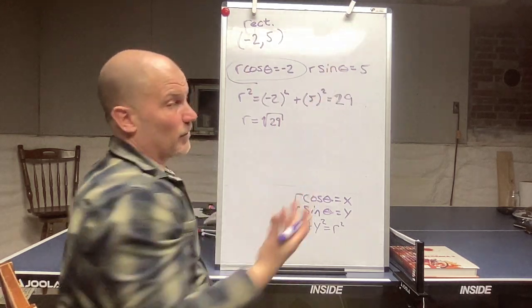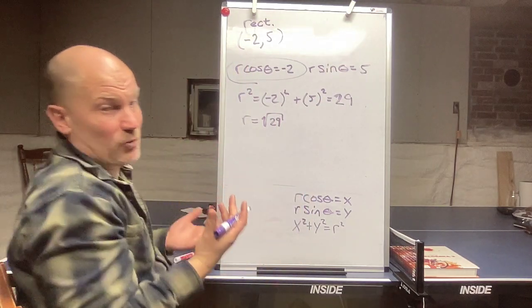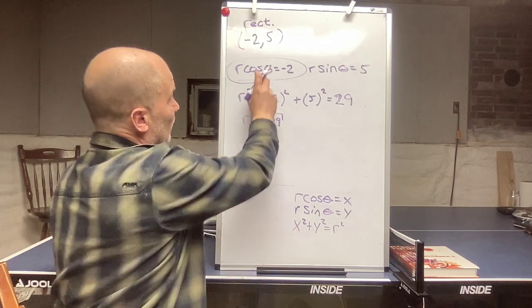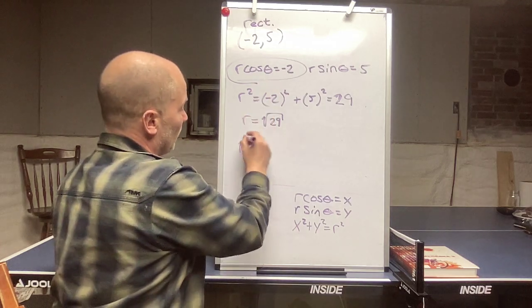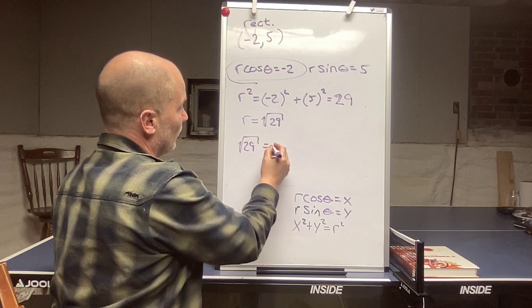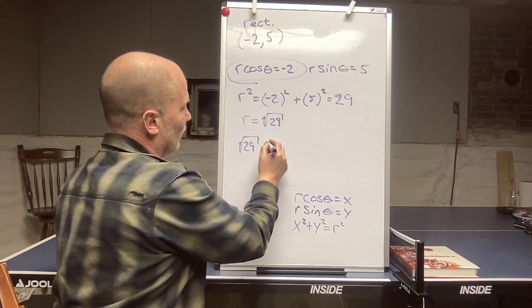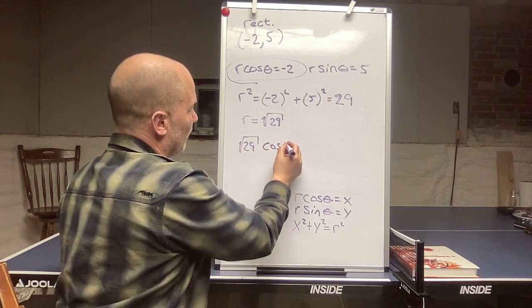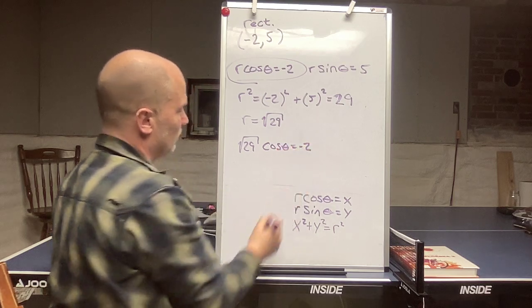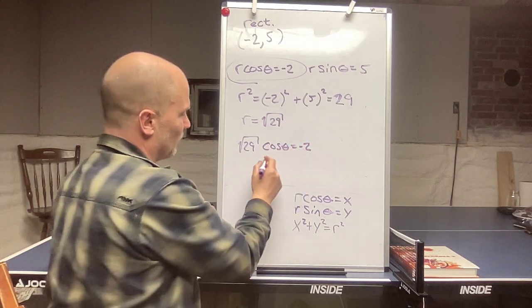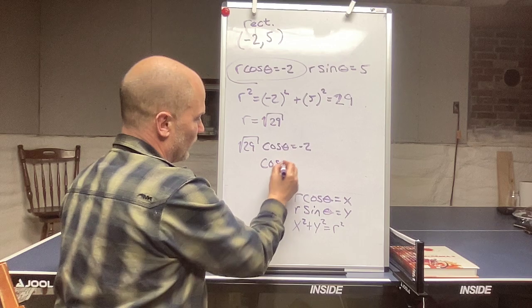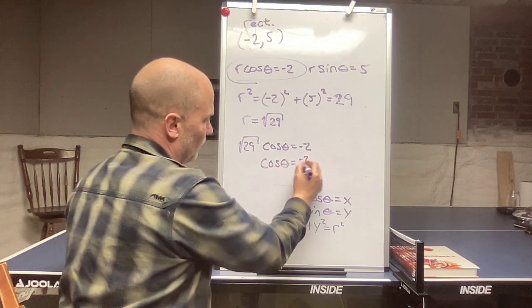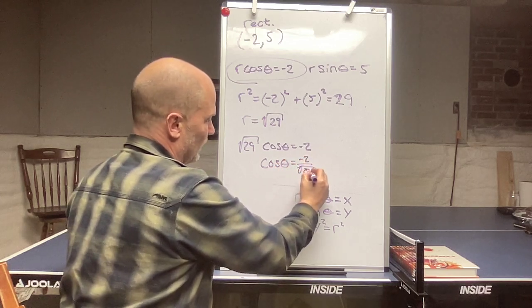I could use this one if I wanted, just have to be more careful. So the square root of 29 times the cosine of theta is -2. If I divide both sides by square root of 29, I get cosine of theta equals -2 over root 29.